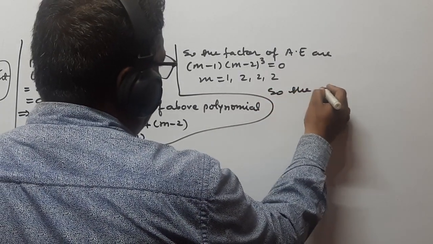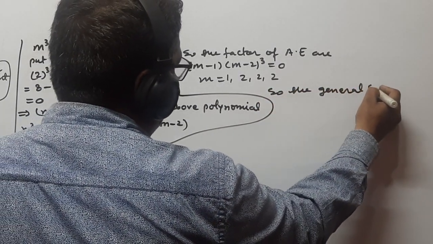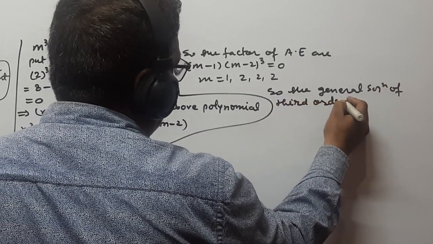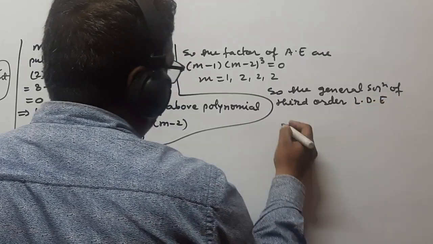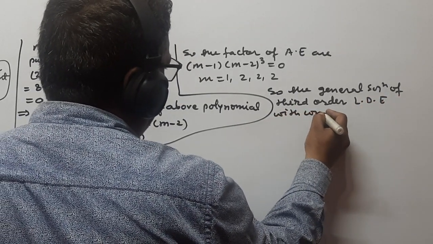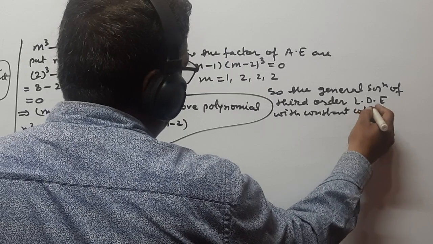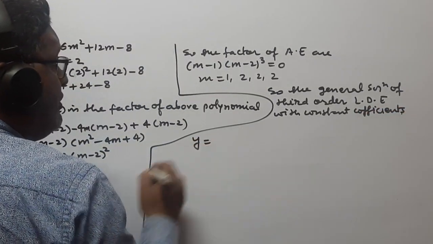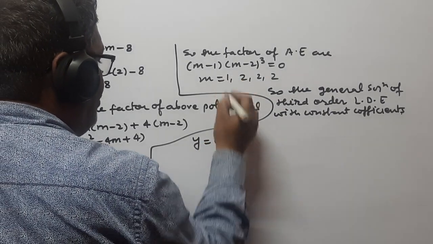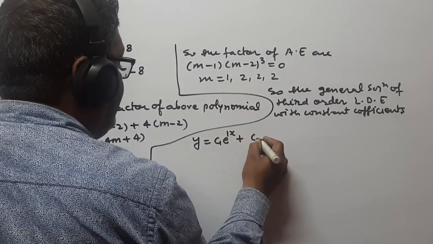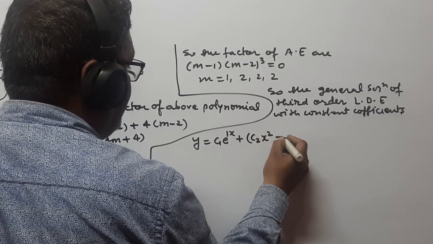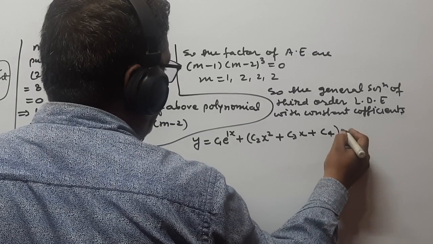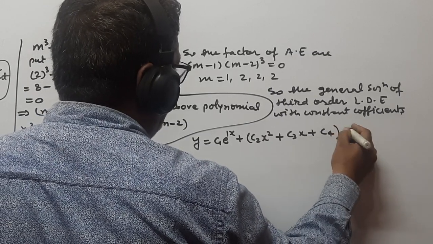So the general solution of a fourth order linear differential equation with constant coefficients can be written as y equal to c1 times e to the power 1x plus c2 x squared plus c3 x plus c4 times e to the power 2x.